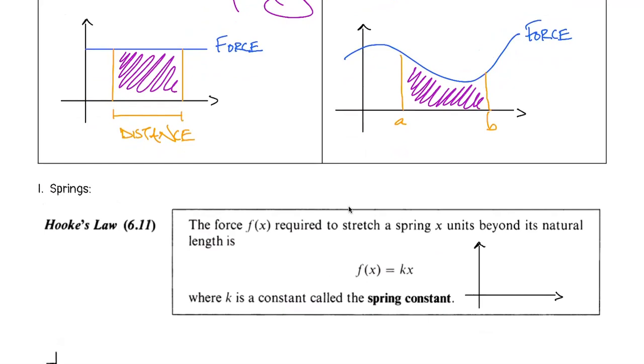And what we have here is some sort of linear function, okay? And this function has a slope of k, and we have x as our variable. Then what we're going to be trying to do is find the amount of work it takes to either stretch or compress springs over a given distance. So we could start somewhere, we could finish somewhere, and that area is going to represent the amount of work it takes to stretch or compress the spring.